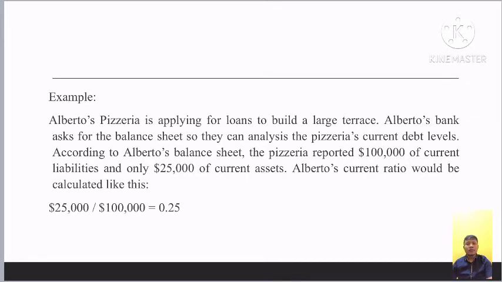According to Alberto's balance sheet, the pizzeria reports $100,000 of current liabilities and only $25,000 of current assets. Alberto's current ratio would be calculated like this: $25,000 divided by $100,000 equals 0.25.